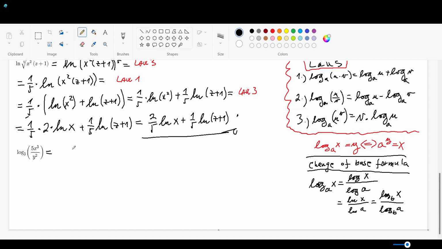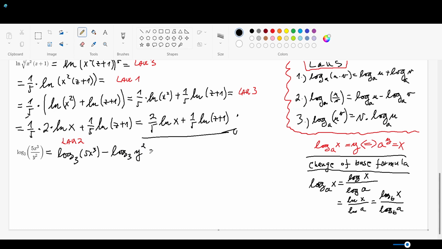So when I look at this expression, I would use law number 2 here first. So let's use law number 2, which means this logarithm is equal to logarithm base 3 of 5x cubed take away logarithm base 3 of y squared.